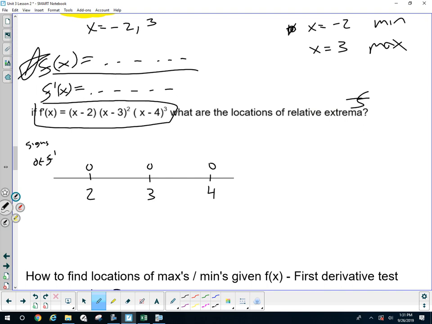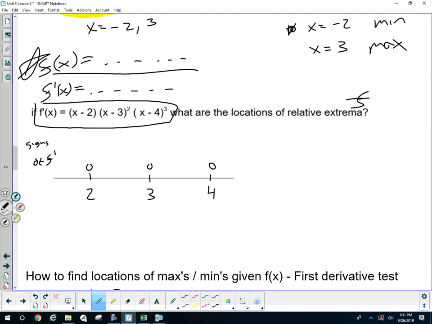It has to deal with multiplicities, stuff that you've learned in past math classes, but just by looking at this, I know that my signs are not going to change at x equals 3. So after doing your analysis, you should see the signs won't change at 3. So if you see them change, you're wrong.